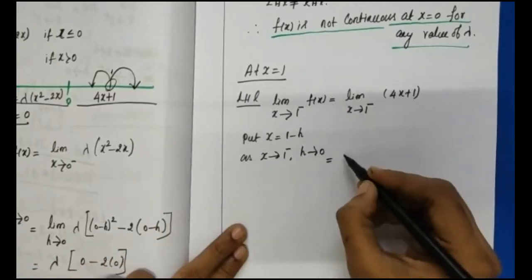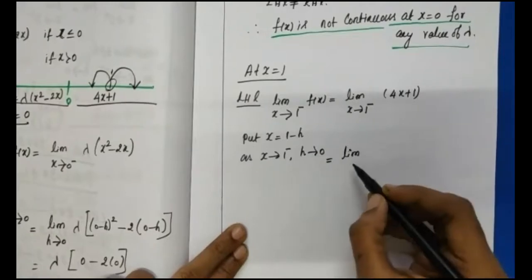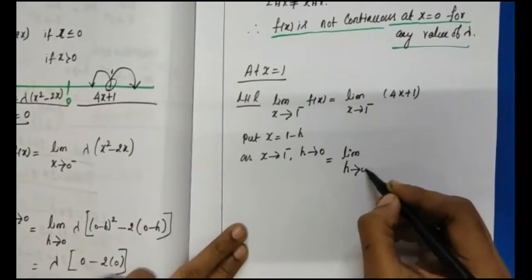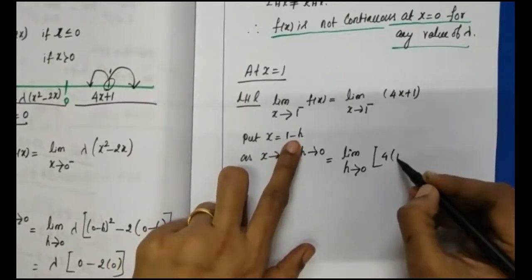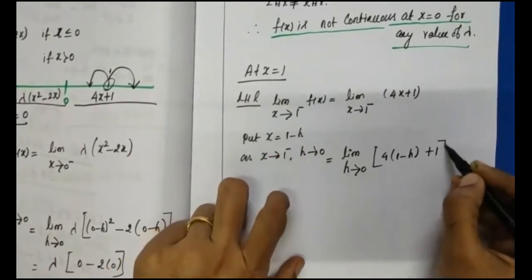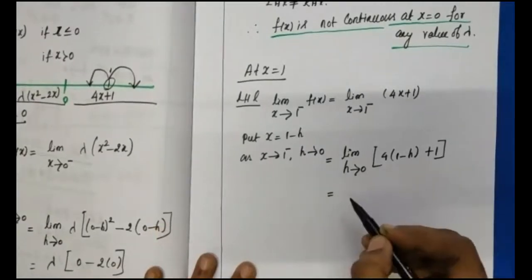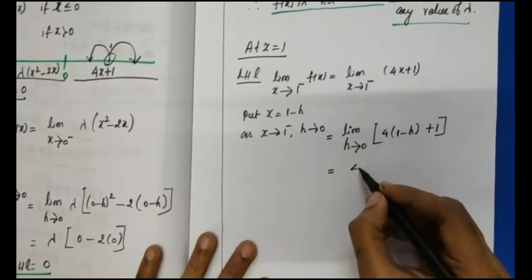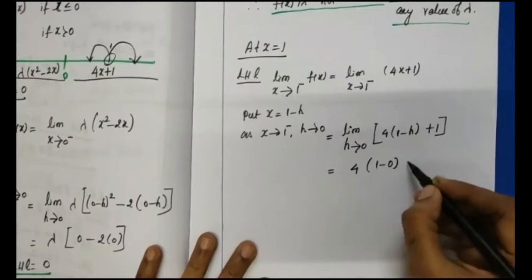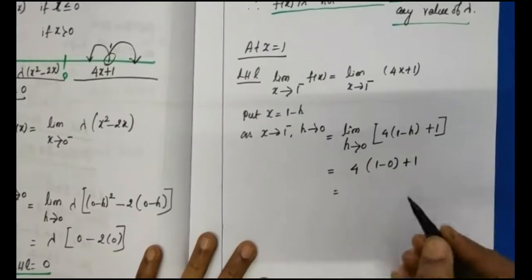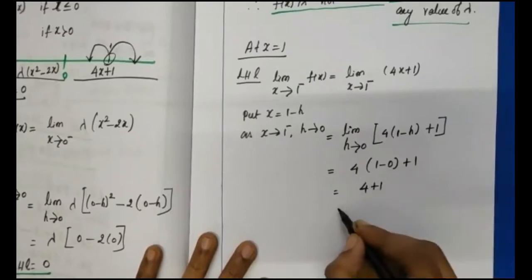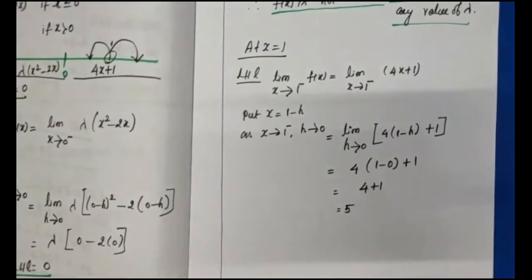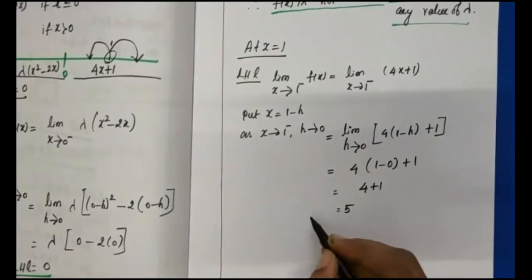Therefore this is limit h tends to 0 of 4 into (1 minus h) plus 1. Giving h as 0: 4 into (1 minus 0) plus 1. The bracket value is 1, 4 into 1 is 4, plus 1 is 5. So the left hand limit value is 5.